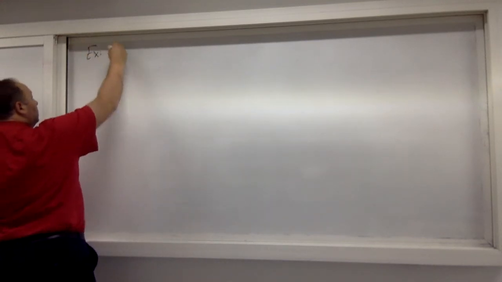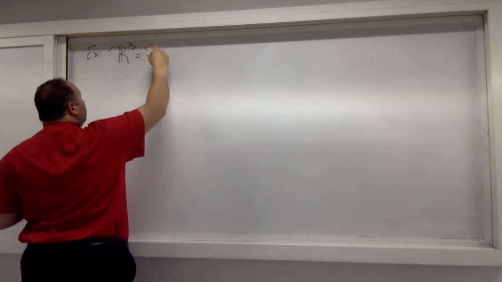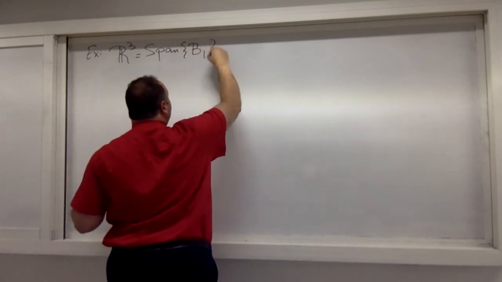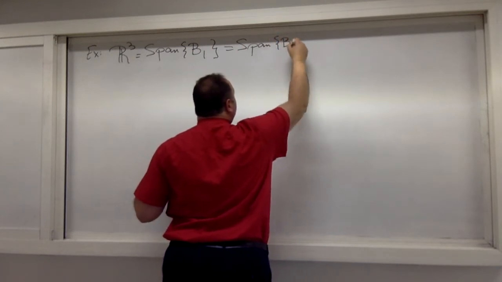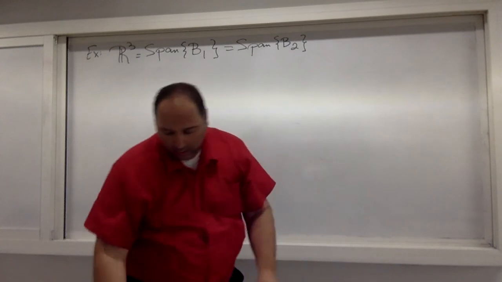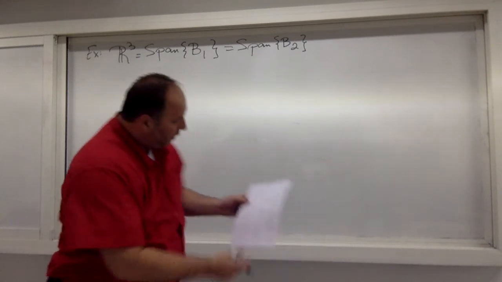So R3, span of B2, and I'm going to define B1 and B2. Obviously, these are bases with vectors with 3 components.